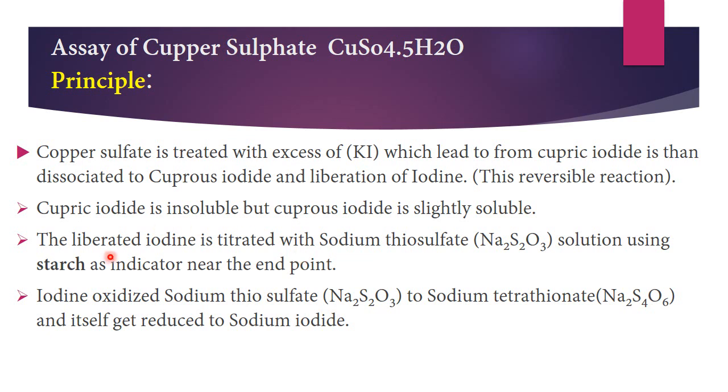So then عندي هنا titration of a liberated iodine with sodium thiosulfate. شنو اللي حدث؟ اللي حدث إنه الأيودين oxidize sodium thiosulfate. إذا الأيودين اشتغل كoxidizing agent، oxidized Na2S2O3 حولها إلى صوديوم تتراثايونات Na2S4O6 and بما أنه الأيودين oxidized sodium thiosulfate, so الأيودين is reduced to sodium iodide.